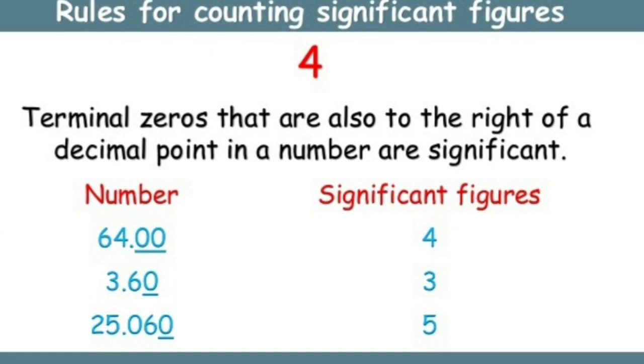Instead of 3.60, 360 has only 2, and 25,060 has only 4. Got it? So if the decimal point is there, the trailing zeros to the right of the decimal point are significant.